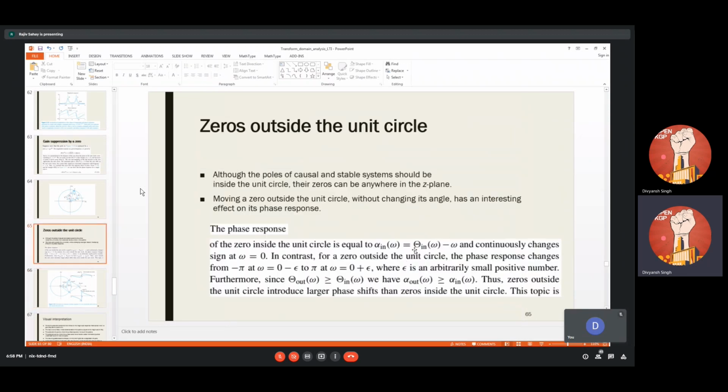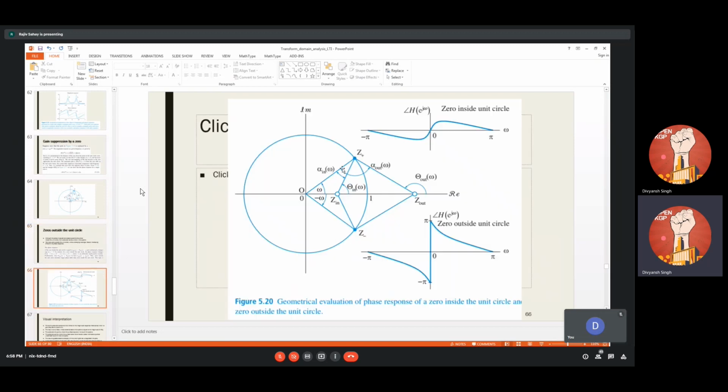So how are we using the sign, whether it is plus pi or minus pi? The sign of the angle is always decided by whether you are moving anti-clockwise or clockwise. Here we are moving anti-clockwise, right? So this angle is defined like this from here to here.